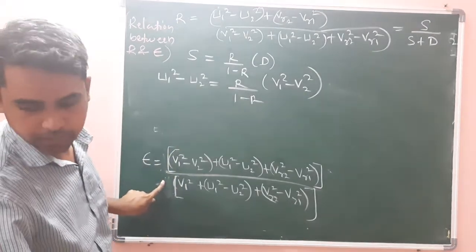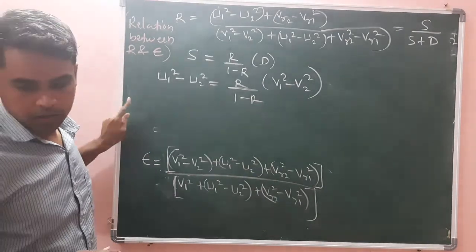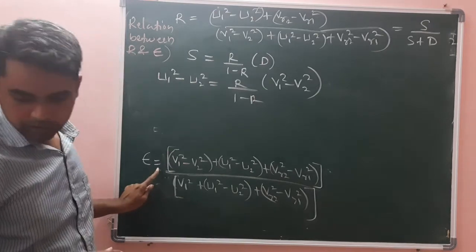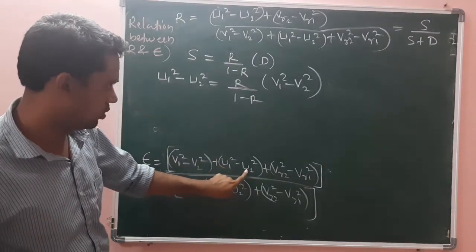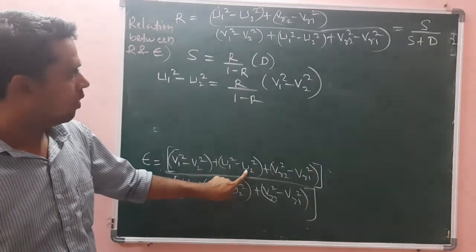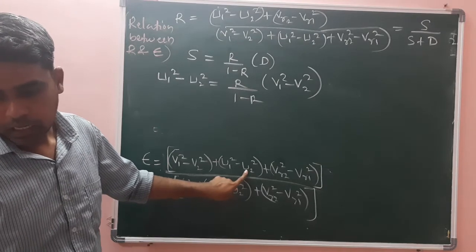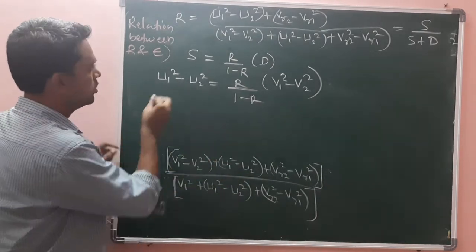In this equation, the static component is not only u1 square minus u2 square.